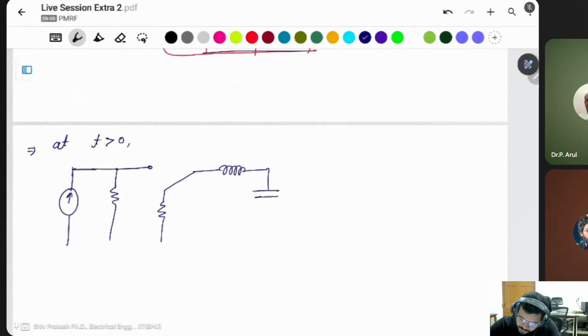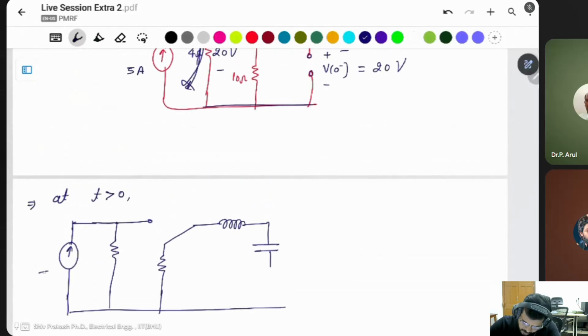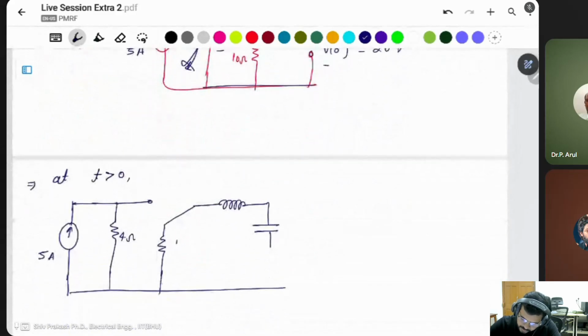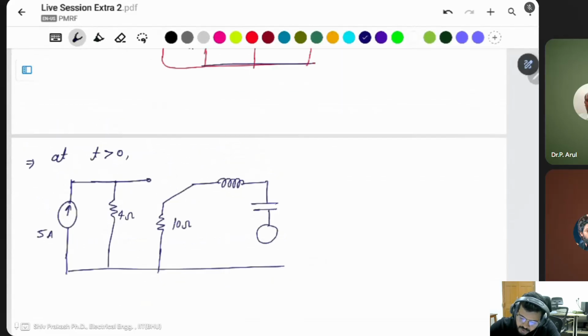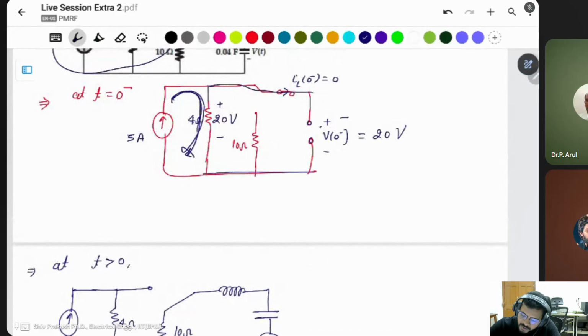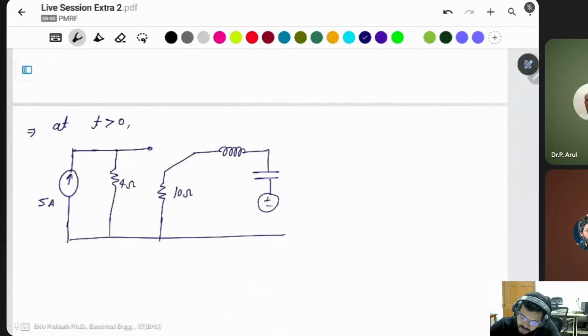Here a capacitor. This is 5 ampere, 4 ohm. This is the 10 ohm resistor. Okay, this capacitor and a voltage source is there. The voltage source polarity will be the same. This is positive and this is negative. Voltage is 20 volt.